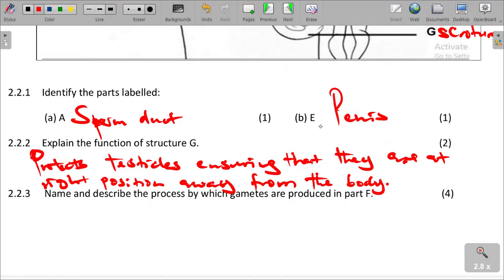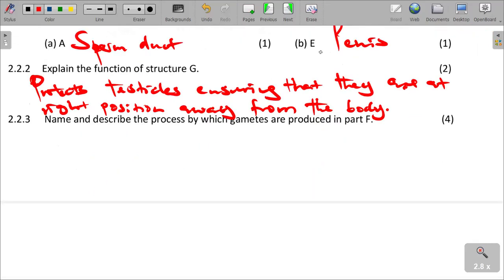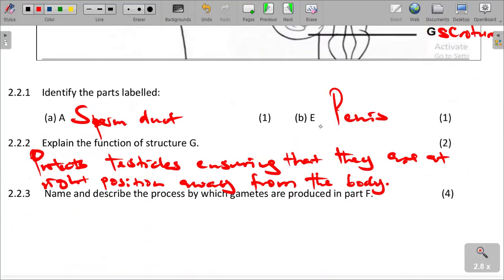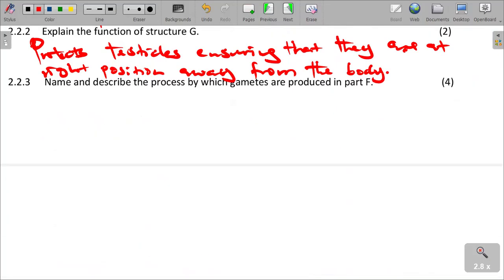And then the next question: name and describe the process by which gametes are produced in part F. Gametes are produced in part F, the testicles. Remember, if it is not specified, we say gametogenesis, but this one is in males, so we say it is spermatogenesis.